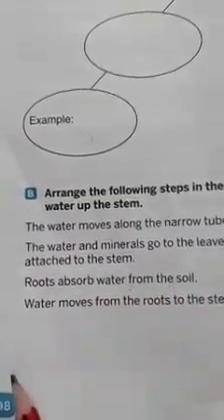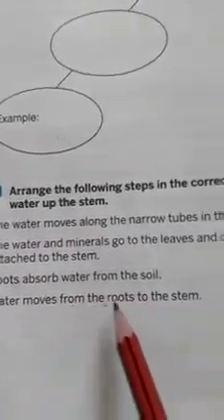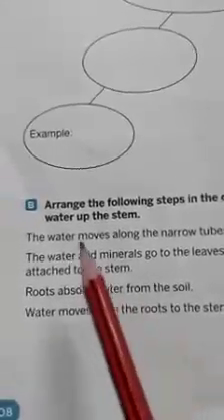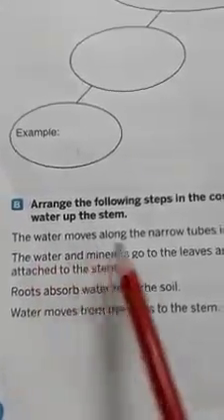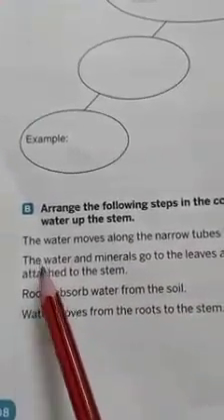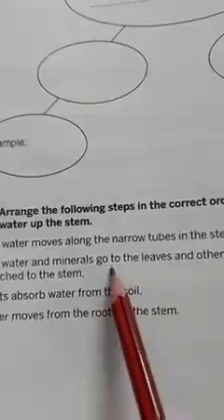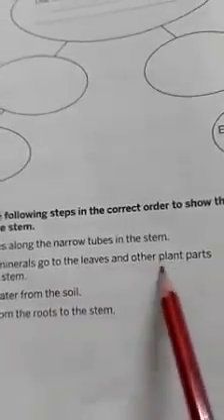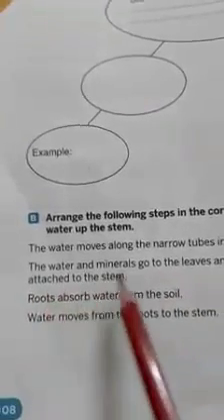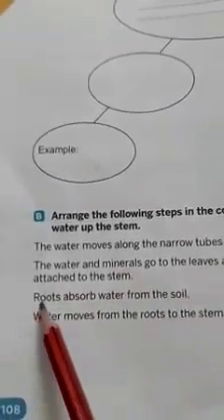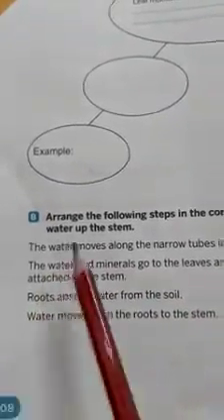That is the first step. Then water moves from the roots to the stem. Then dear students, the water moves along the narrow tubes in the stem. Then the water and minerals go to the leaves and the other parts of the plant attached to the stem. So dear student, that is first step, that is second, third and fourth.